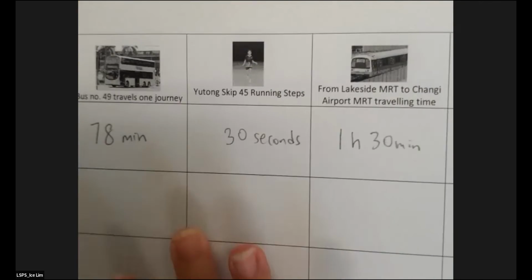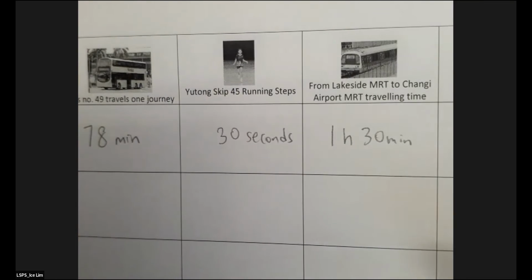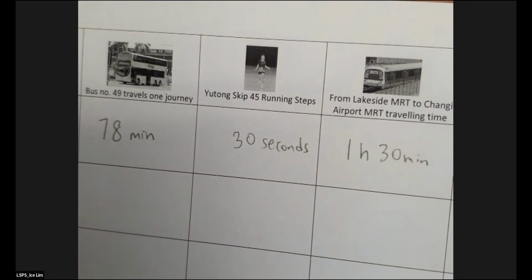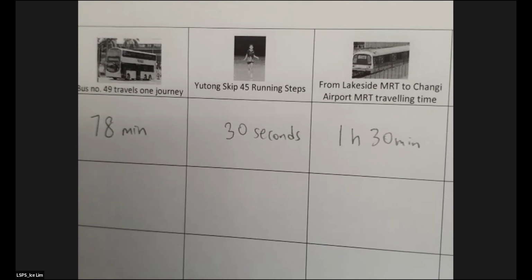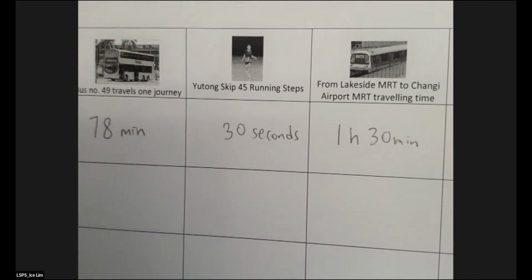Even though yes, I can ask Yutong to skip for an hour, I think it's possible, but we are asking her to just skip 45 steps, not skipping an entire hour. An entire hour would be skipping many more steps, way more than that.